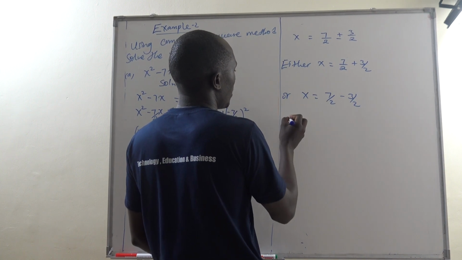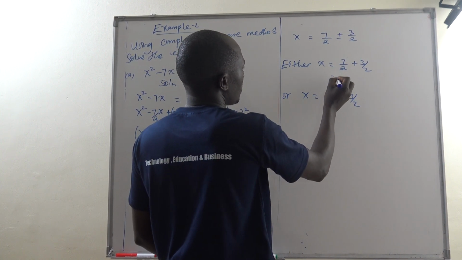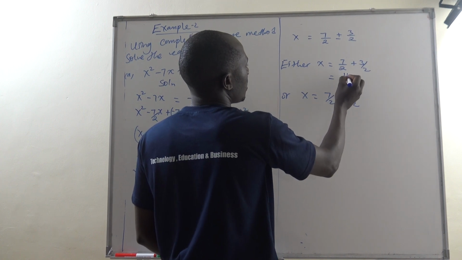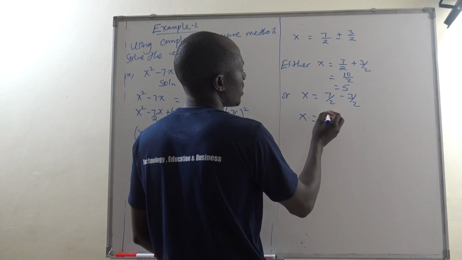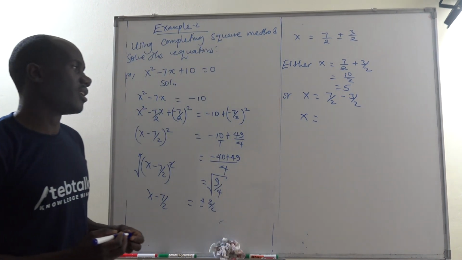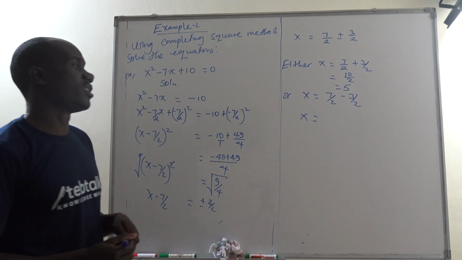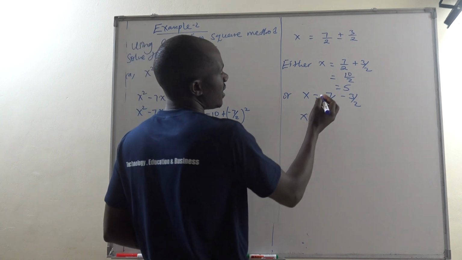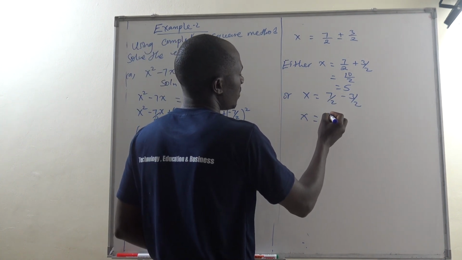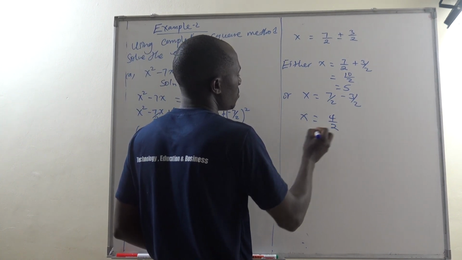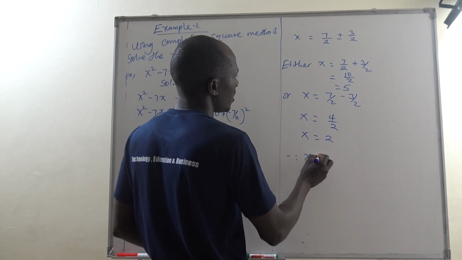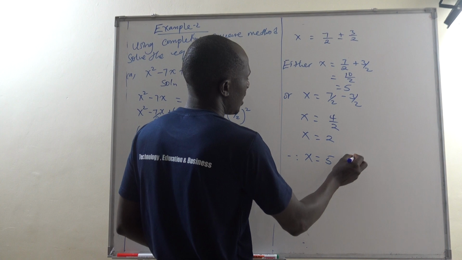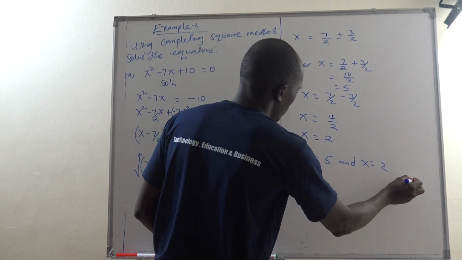For the first one you add. This plus this, you get 10 out of 2, which is equal to 5. For this one you subtract. Since the denominator is the same, we just subtract the numerator. 7 minus 3, you get 4 out of 2, so our x becomes 2. Therefore, x equals 5 and x equals 2.